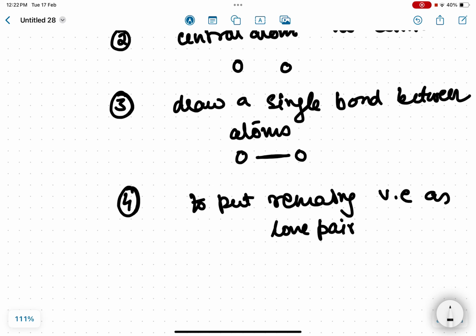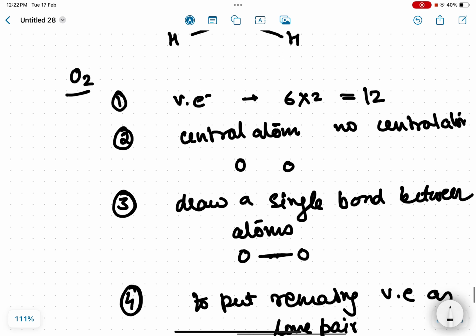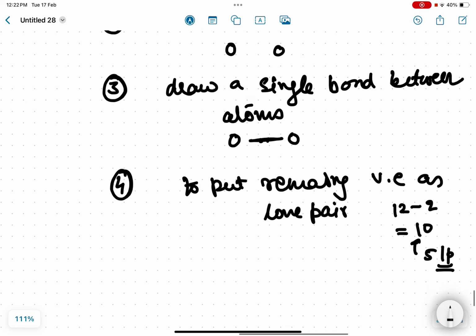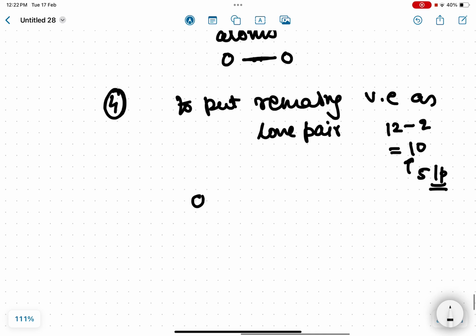So here 2 electrons are part of the bond pair, and if we see there are 12, so 12 minus 2, so 10. So basically we can have 5 lone pairs. So let's put them on oxygen. Let's put 5 lone pairs: 1 lone pair, 2, 3, 4 and 5.